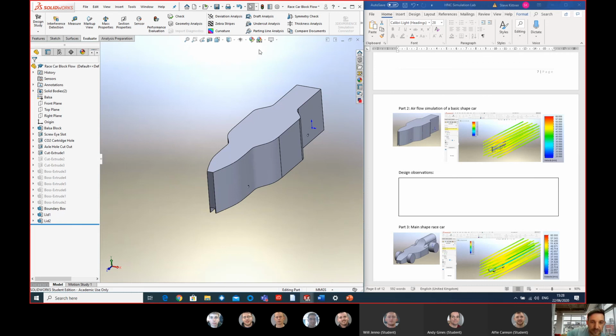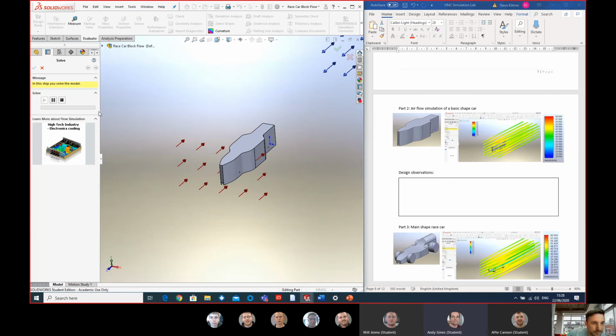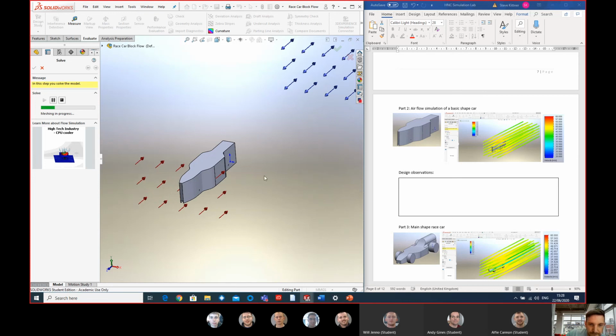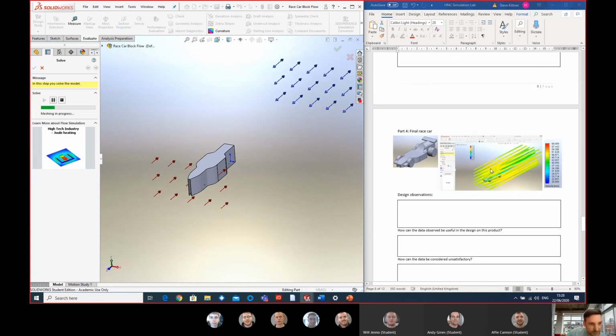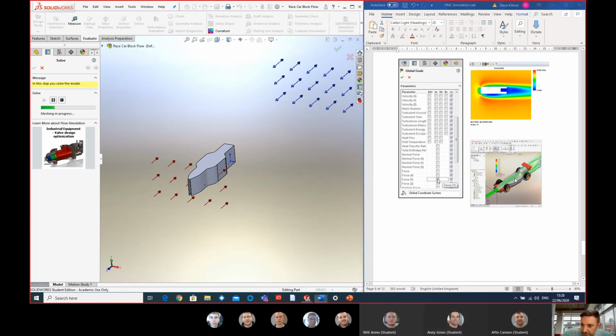So let's go through this again. Unfortunately, I've got to run this each time I make a change, so it'll take a few seconds again. Now, if we had the full software on here, you would be able to map individual trajectories. I'm just going to make this image bigger.